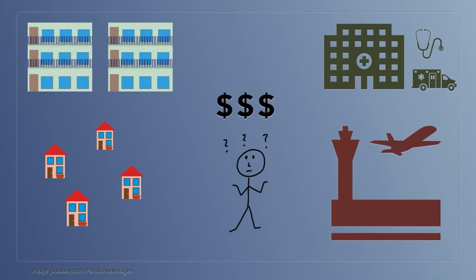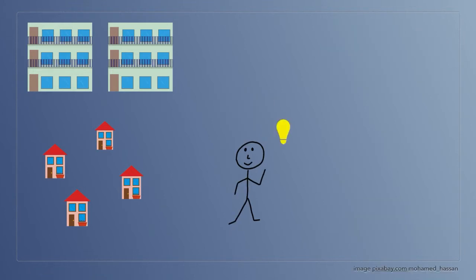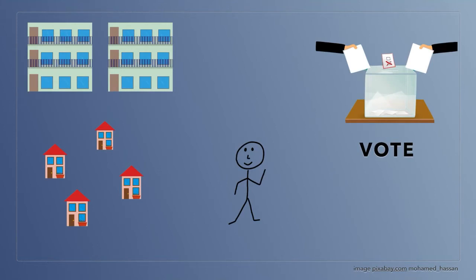How will you decide which one to build? Well, an idea is to have a vote where people get to vote for which one they think should be done. Now we have to think about how we will do the vote.